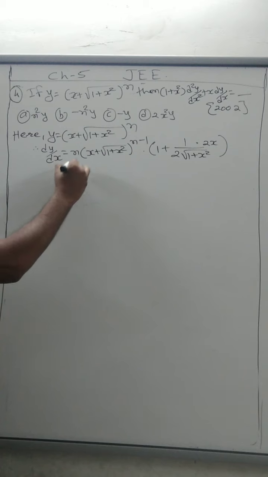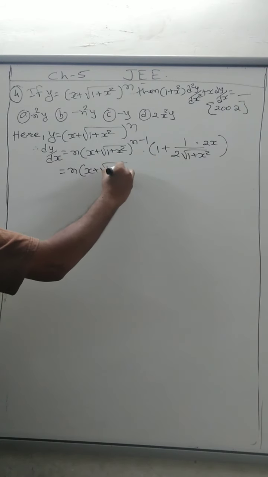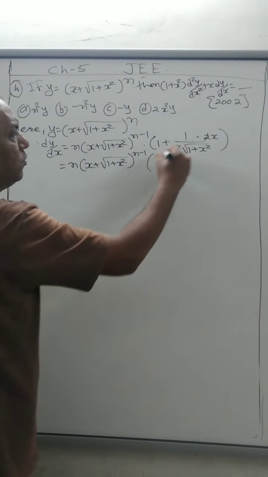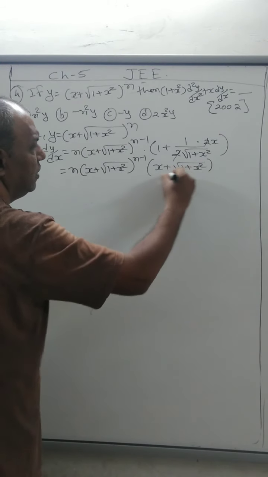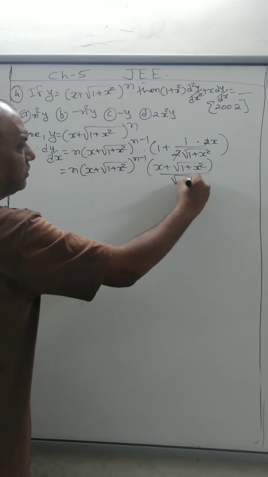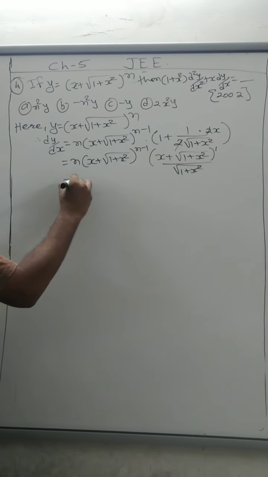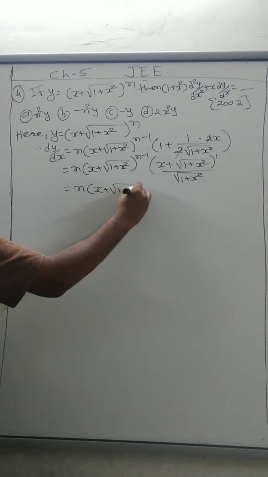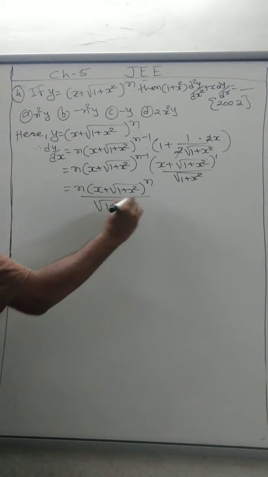Now we simplify: x plus root 1 plus x square raised to n minus 1, here the 2s are removed, and we have x plus root 1 plus x square upon root 1 plus x square. Now this is 1 power and this is n minus 1 power. So directly we have x plus root 1 plus x square raised to n power upon root 1 plus x square as it is.